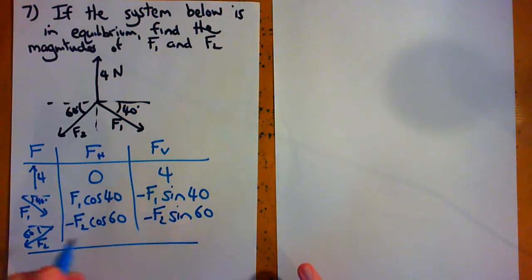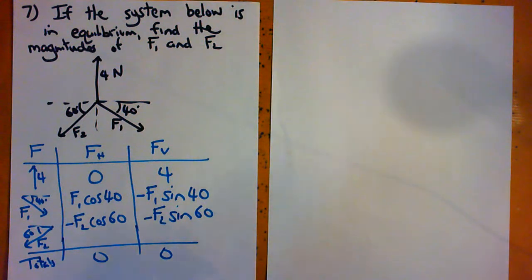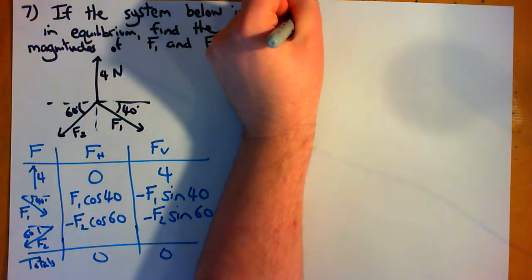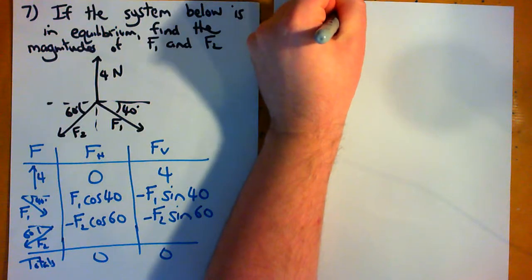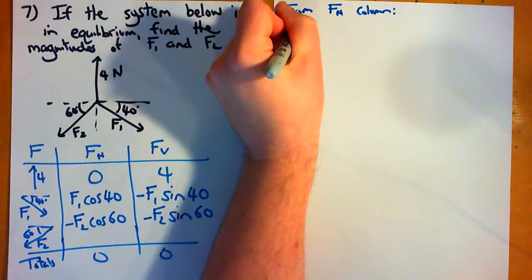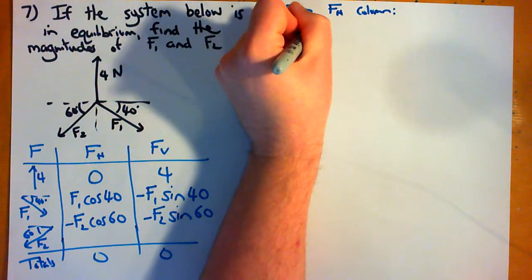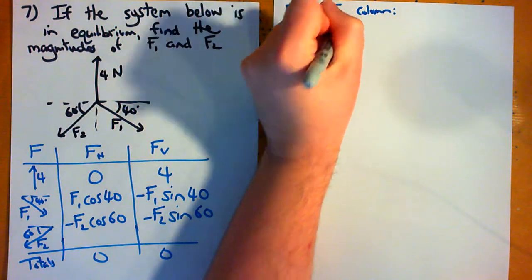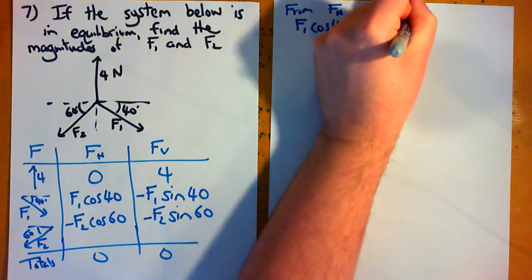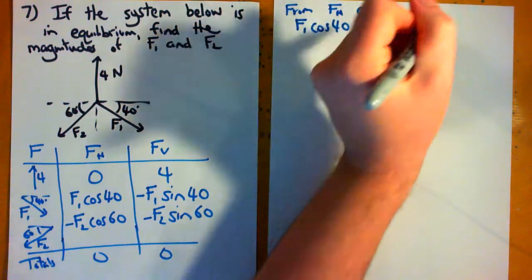Okay, so the whole thing is in equilibrium, which means our totals must be 0. So from the horizontal column, the FH column, we've got F1 times cosine of 40 minus F2 times cosine of 60 equals 0.